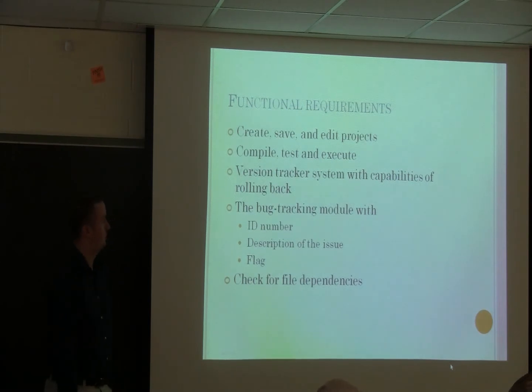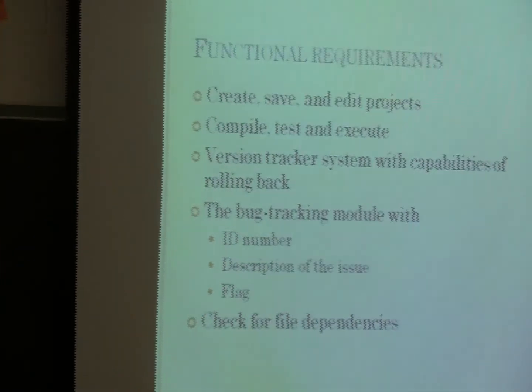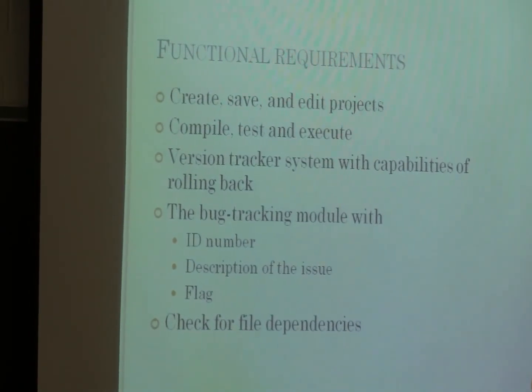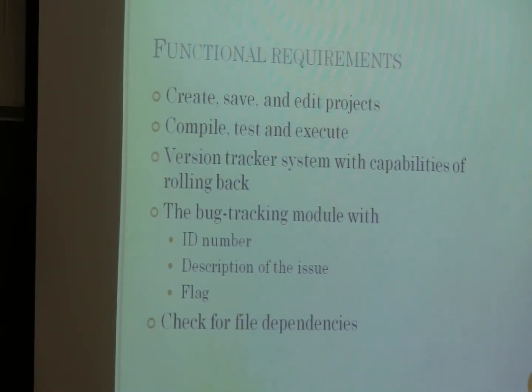So the functional requirements we're looking at are the obvious stuff like create, save, edit, compile, and a version tracker with the ability to roll back. The bug tracker within the IDE should have an ID number to help reference it later if you're talking about it with someone else, a description, and a flag for whether it's been solved or not.